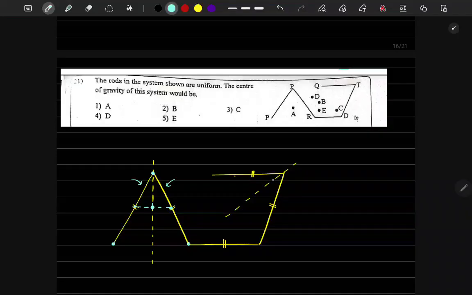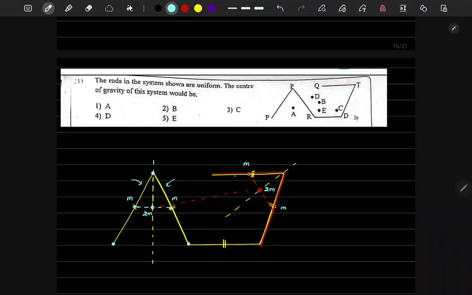If I consider similarly for these two pairs, their center of gravity should be found similar to the earlier system somewhere here. Now if I join these two lines, I have to consider the masses as well. So if this is m, this here should be the equivalent of those two, which is 2m. Similarly, if this is m and this is m, the equivalent of these two should be 2m.